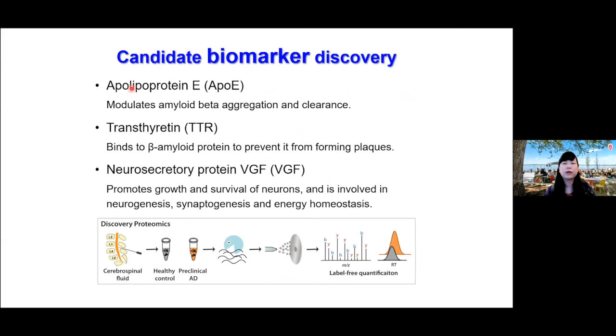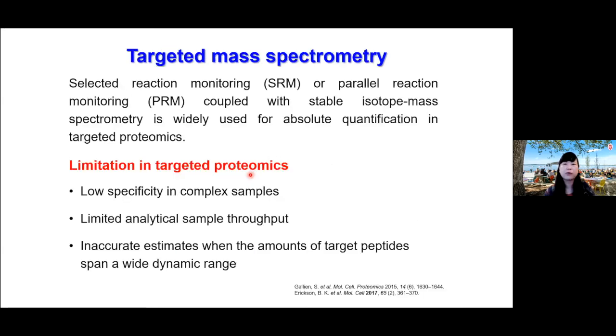Shown here are 3 examples: apolipoprotein E, which is known to modulate amyloid beta aggregation and clearance; transthyretin, which is known to bind to beta amyloid protein to prevent it from forming plaques; and VEGF, which is known to promote neuron survival.